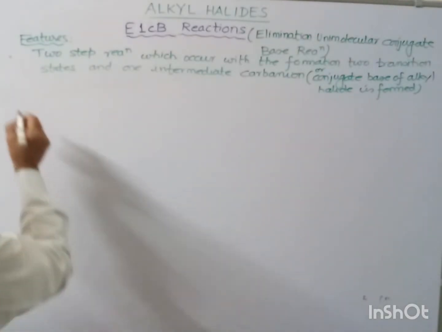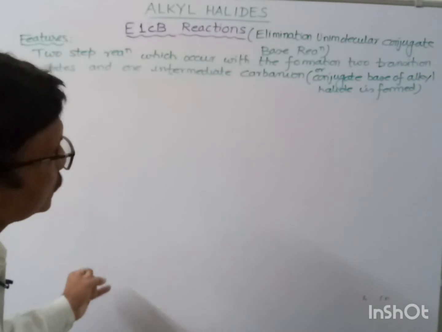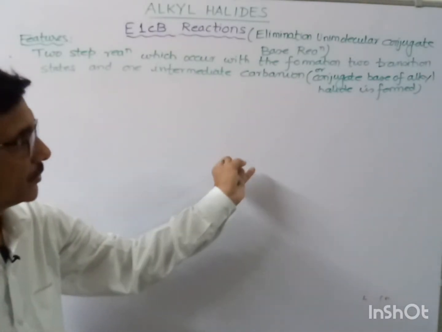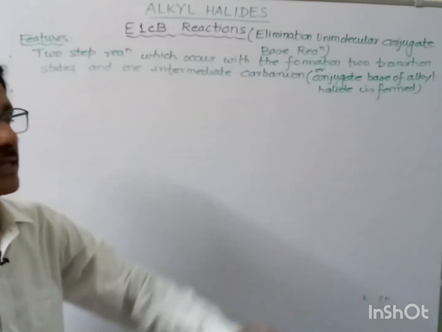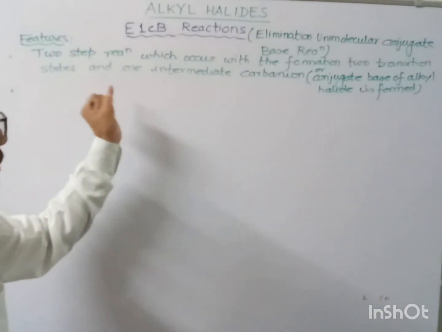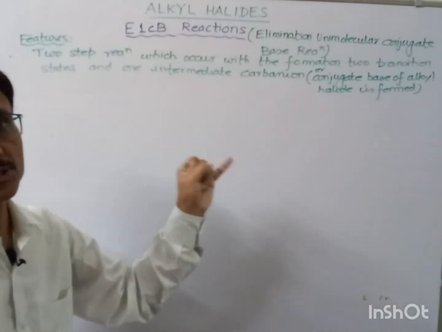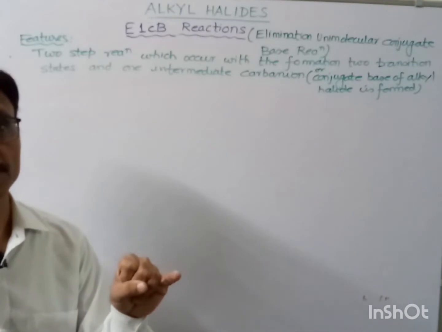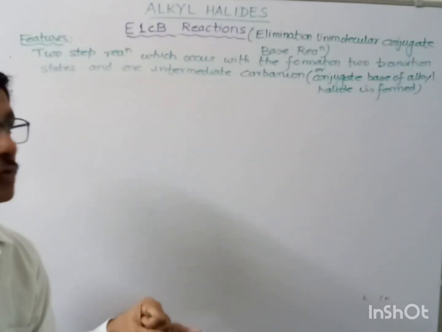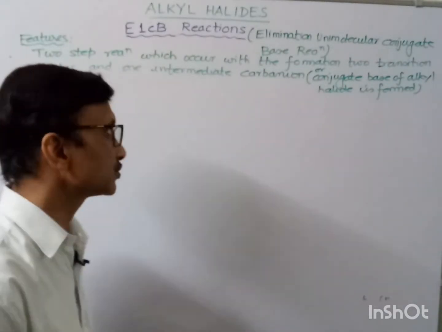Now in this reaction, the first step occurs with the formation of a carbanion, and in the second step the alkene is formed from the carbanion. So one difference from the E1 reaction is that here the first step is the fast step and the second step is the slow step, whereas in the E1 reaction the first step was slow and the second step was fast.